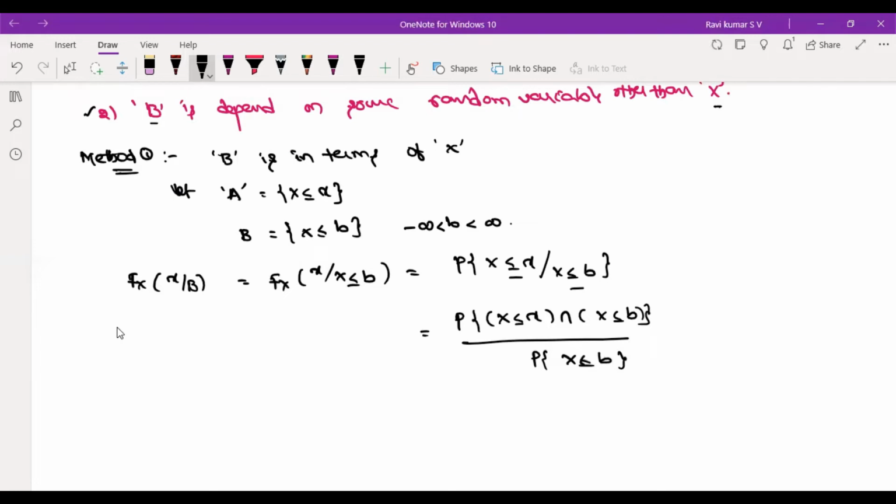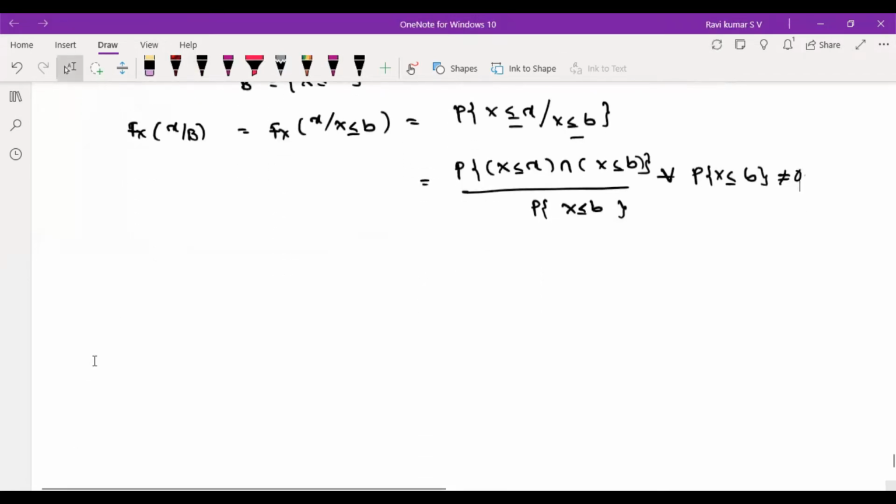The denominator should not be equal to 0, so this is valid only when the probability of X less than or equal to b is not equal to 0. From this expression, for different cases, I'm going to derive the conditional distribution function. This is the final expression we have, F_X(x|B).